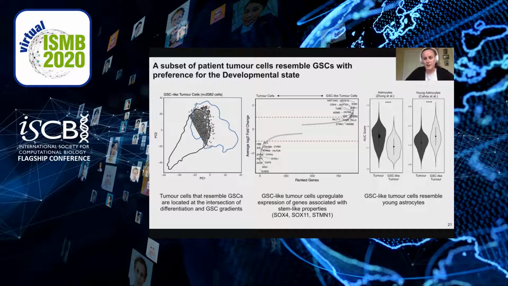Furthermore, we found that these GSC-like tumor cells have higher expression of young astrocyte gene expression programs, supporting that they look more like an earlier developmental state, whereas the mature tumor cells that fall in this black tail look a lot more like mature astrocytes.